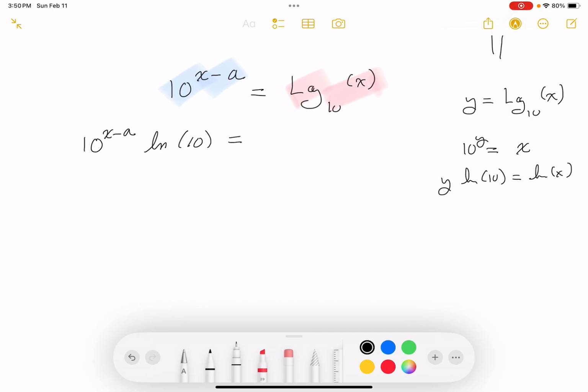And let's write this down. So dy/dx times ln 10 is going to be 1 over x. So dy/dx will equal 1 over x ln 10. All right, write that down: 1 over x ln 10.